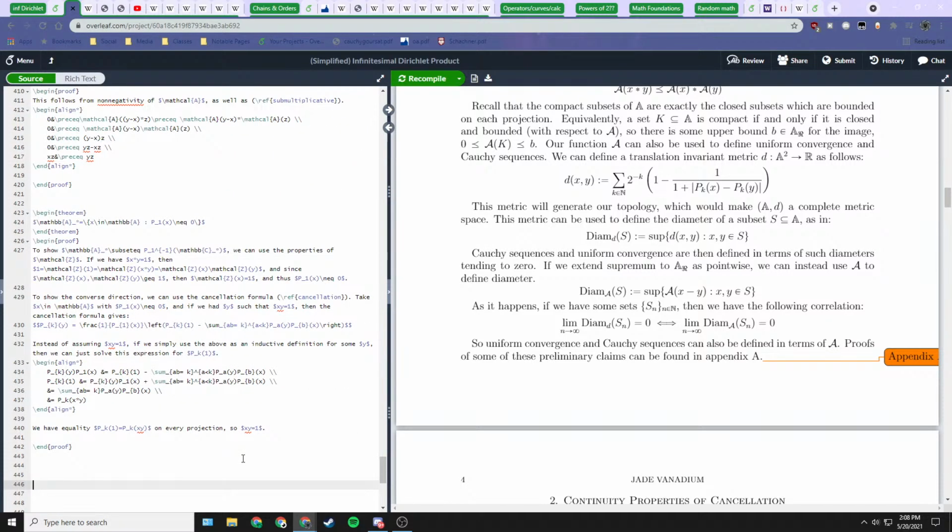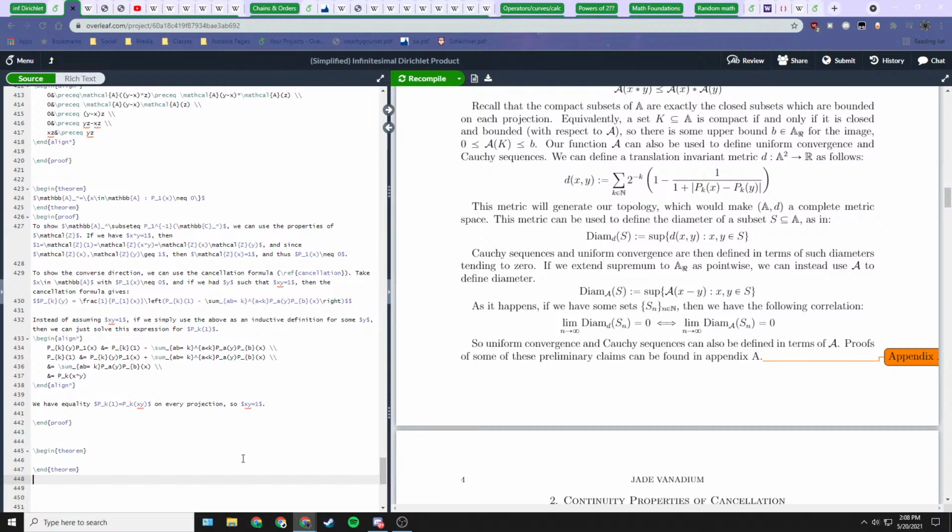We'll add a theorem, and we'll do a proof. The theorem is: for sets S sub n indexed by n in the natural numbers, we have the following identity.